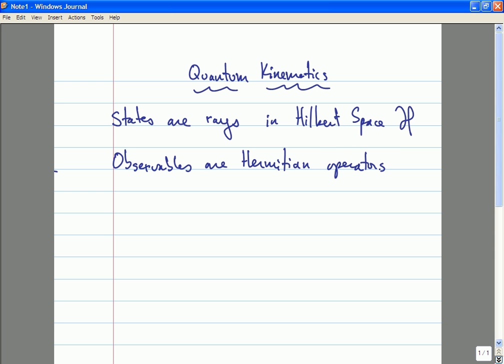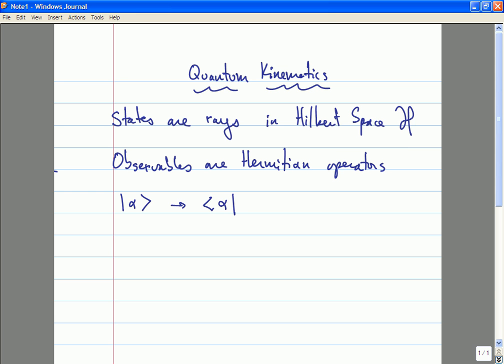So I just remind you that this Hilbert space comes equipped with the notion of what it means to talk about a dual element of the Hilbert space. So for every ket vector in our Hilbert space, we can define the corresponding dual. There is an inner product which allows you to combine a bra and a ket in order to make a complex number.